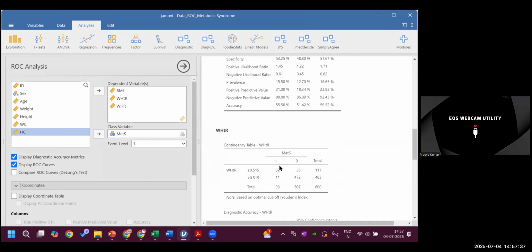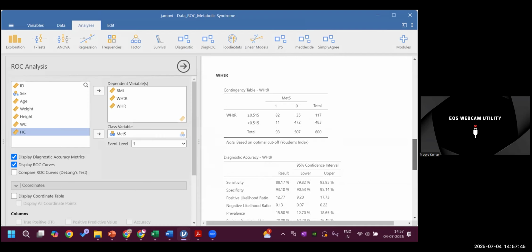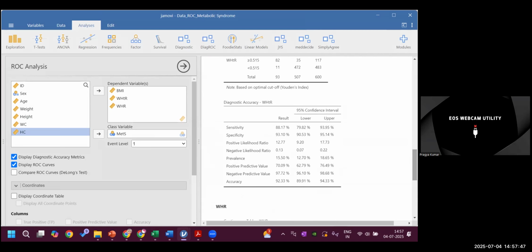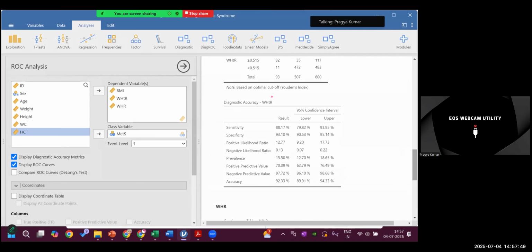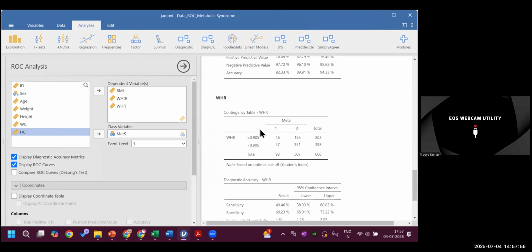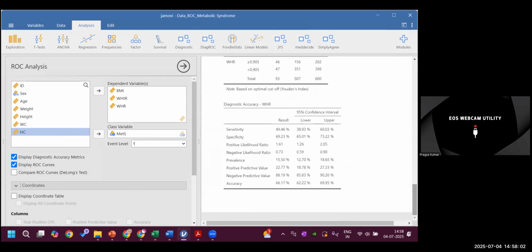Same using waist hip ratio, it is giving you a cutoff of 0.512 based on the Youden index, and it calculates the sensitivity and specificity with this. These are the sensitivity and specificity of the cutoff of 0.51. And then there is the waist height ratio 0.9, and it also tells you the sensitivity and specificity.